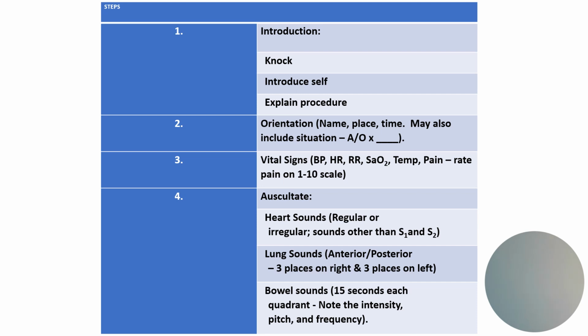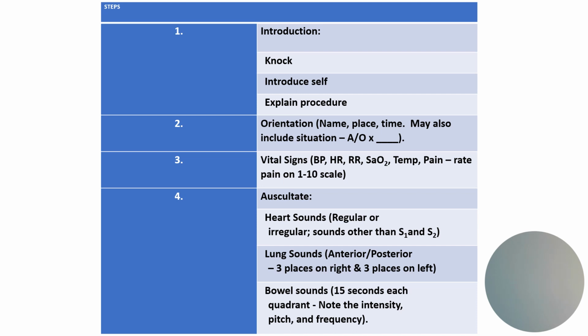When you move to the lung sounds, you need to be auscultating in at least 6 places on the front and on the back. You'll find those locations outlined in your presentation for respiratory. You will be listening on the right side, then move to the left side. Go down, listen on the left side, listen to the right side.